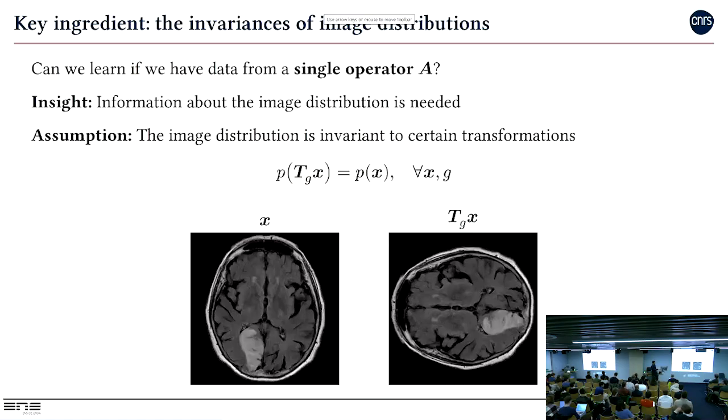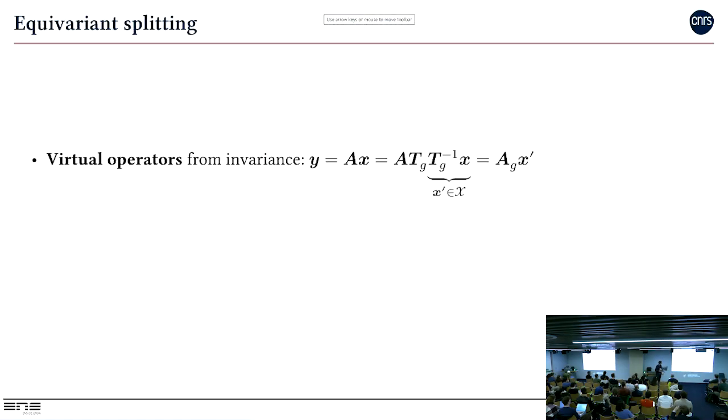Okay, you could argue that there's no scanner that will take this picture, but there's small angles and small rotations that always will appear. We have been hearing about motion for many talks here. So there are these different rotations that are inherent to the distribution. And so we can assume that the distribution is invariant to a group of transformations, which is an assumption that happens a lot in machine learning.